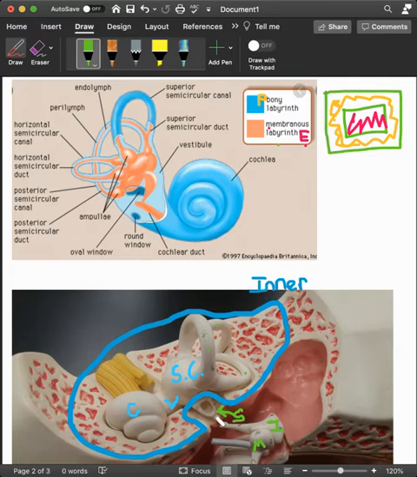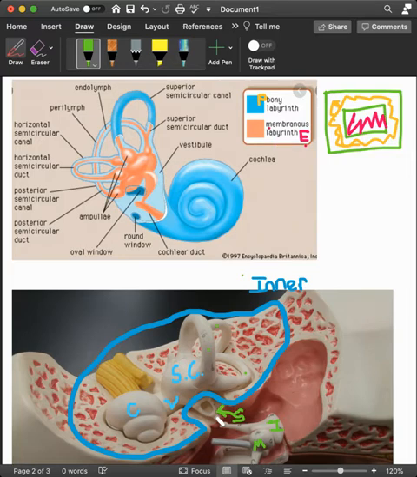So these two fluids are helping transduce sound waves and also head movements into action potentials. That is how these structures are able to perform as they do, because of these fluids.